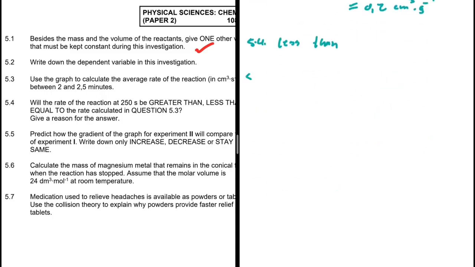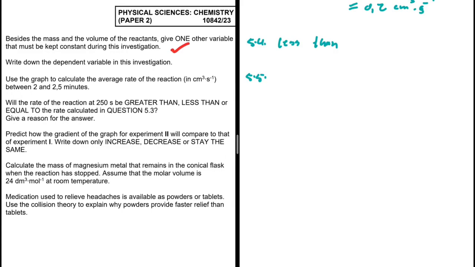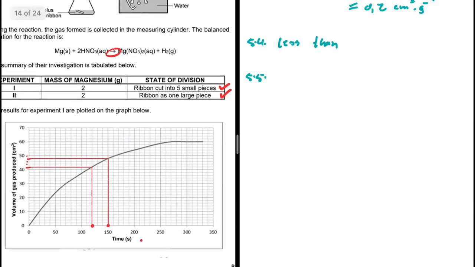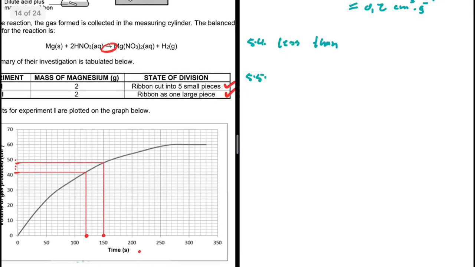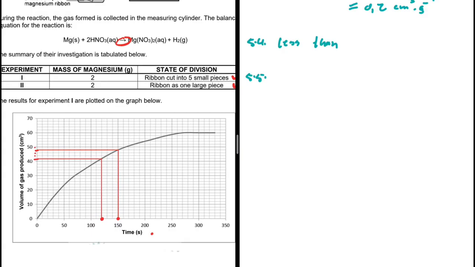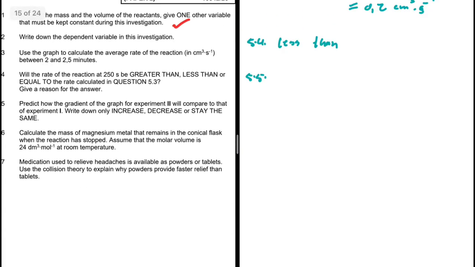5.4. 5.5. Predict how the gradient of the graph for experiment 2 will compare to that of experiment 1. So in experiment 2, we have the ribbon as one large piece, and in experiment 1, we have 5 smaller pieces. So the rate of reaction in experiment 1, we expect it to be higher than that in experiment 2.